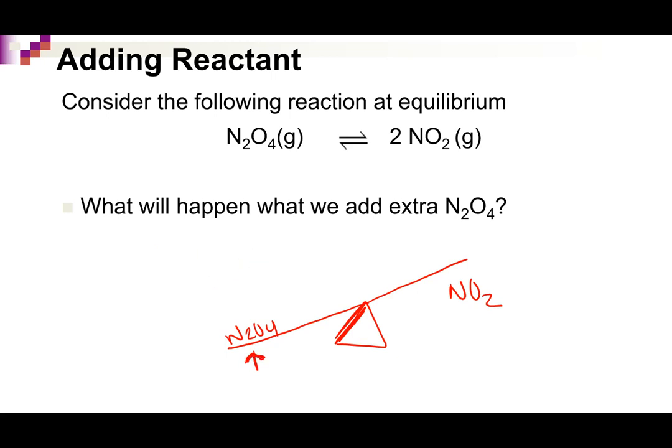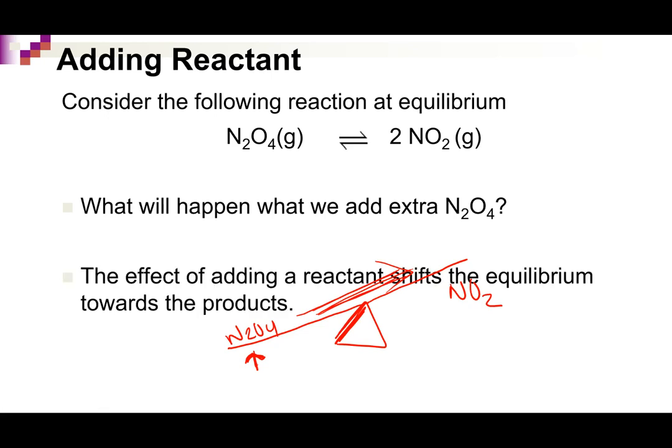So what will happen? It's going to push us towards the products. It's going to go, whoa, I have way too much of my reactant. Let me make some more of my product to bring me back to equilibrium. Okay. So what's going to happen here is the effect of adding a reactant will shift the equilibrium towards the products.